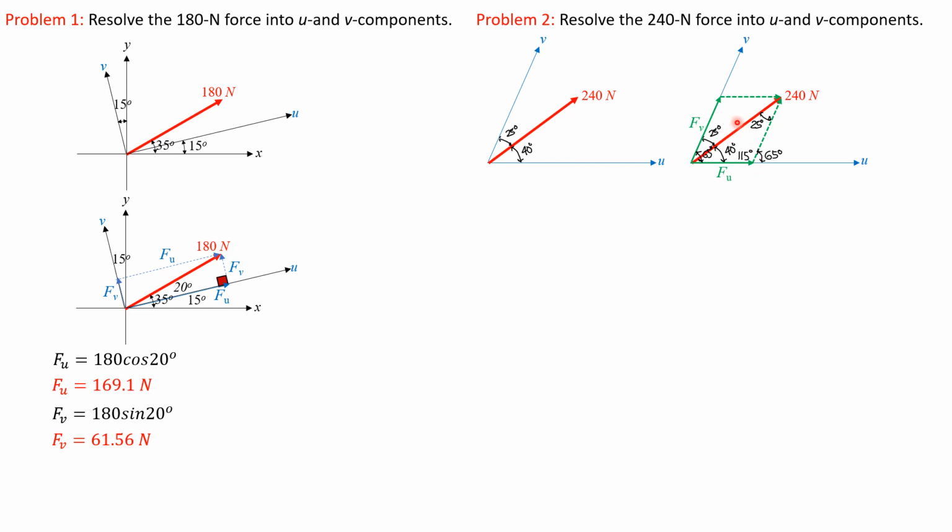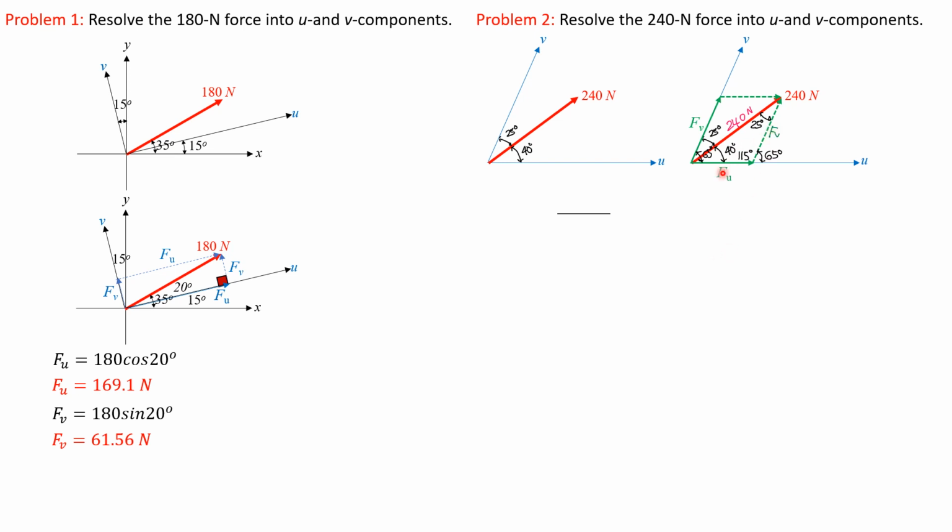Since the magnitude of this side of the triangle is 240, we apply the sine law to solve for the other components or sides. So that is Fv, that's 240. By sine law, Fu as to the sine of the angle opposite it, sine of 25 degrees, equals Fv as to the sine of the angle opposite it, sine of 40 degrees, equals 240 newtons as to the sine opposite to that, which is sine of 115 degrees.